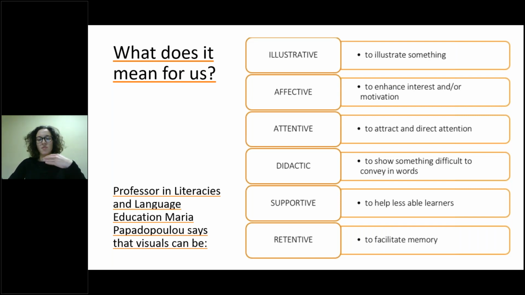All of them have their own functions depending on the stage of a lesson and the aim of use of these visuals. Illustrative: just to illustrate something, a word, a new word, a story, and so on. Effective: to enhance interest and motivate.